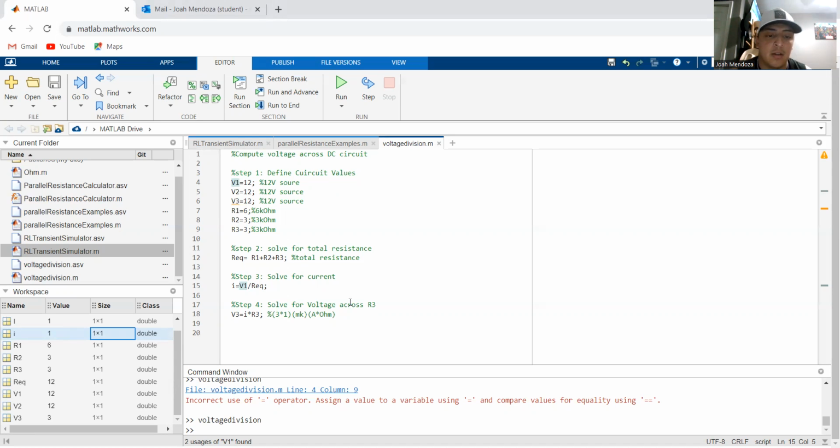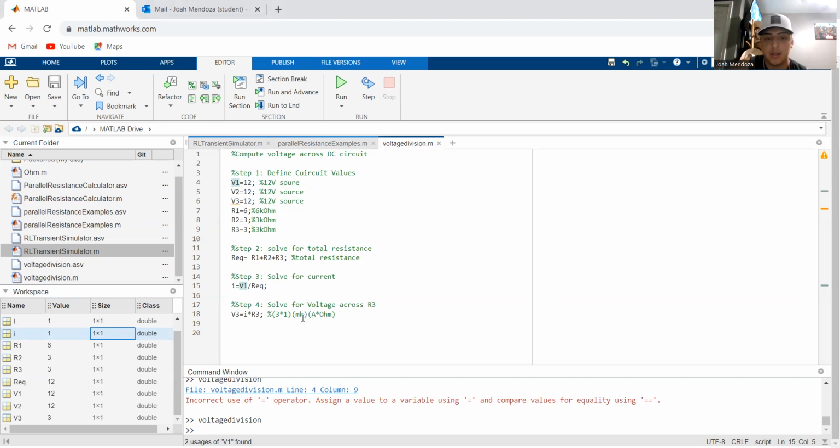To find the voltage, you just do the current times the R3 resistor. And we can see here, you multiply those out, you get 3. And that is what we got on number 1. And when we used Multisim, that is also what we got. And this right here just shows the work you would do.